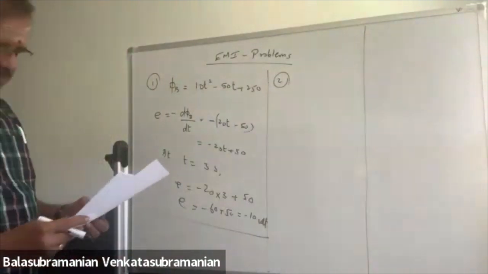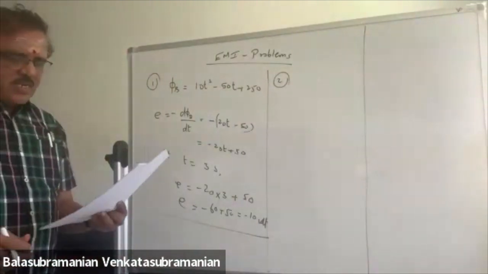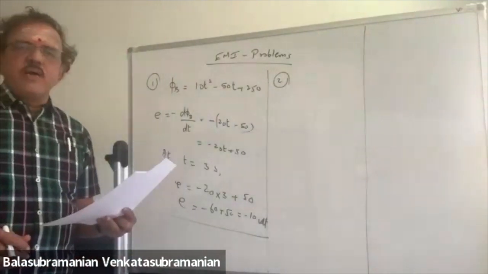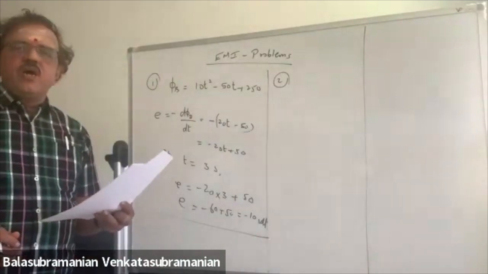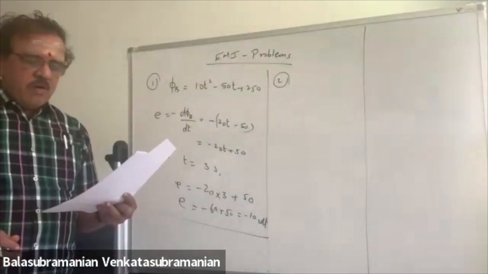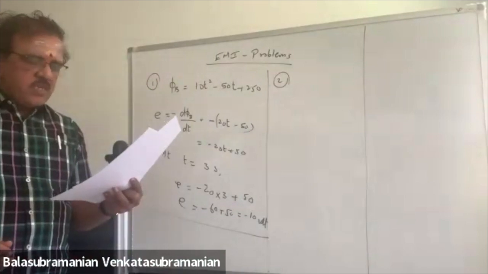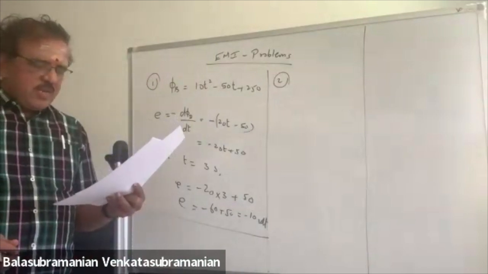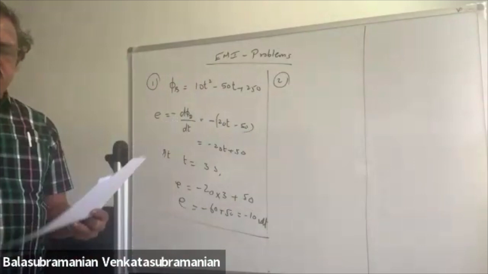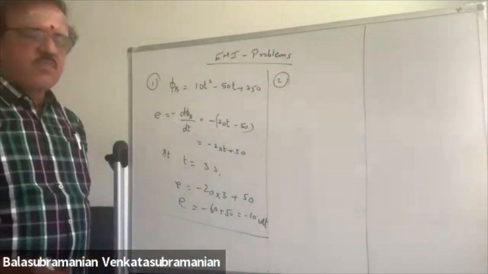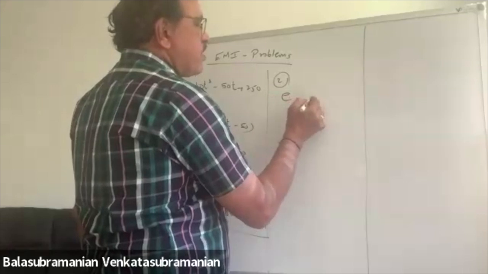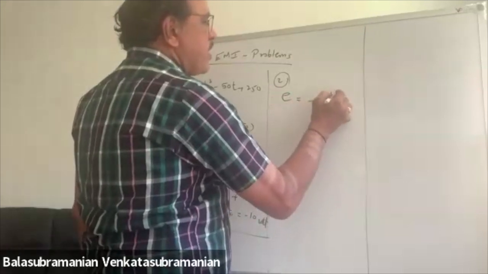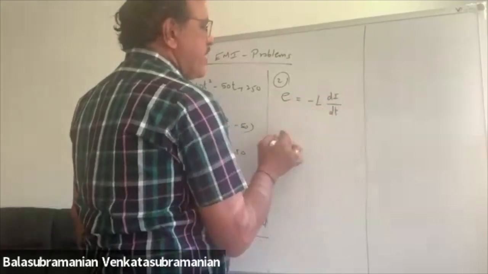Second problem: when the current changes from plus 2 ampere to minus 2 ampere in 0.05 second, an EMF of 8 volt is induced in the coil. Calculate the coefficient of self-induction. We know the formula for self-induction. Just now we have seen E is equal to minus L into di by dt.